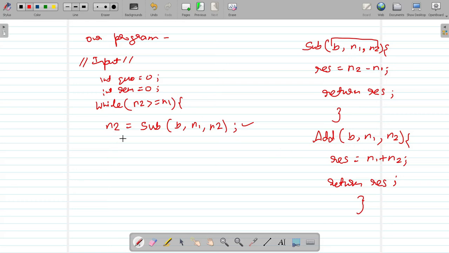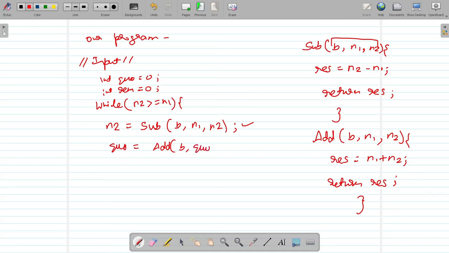So instead of doing quotient plus plus, we will call the quotient variable and assign it a new value by calling this function. We'll do add, base b, and for n1 we have to add 1 to this quotient variable.